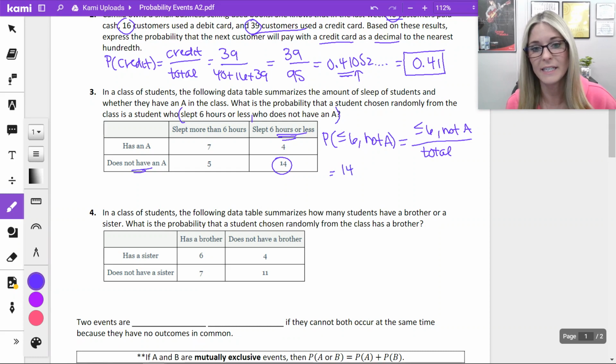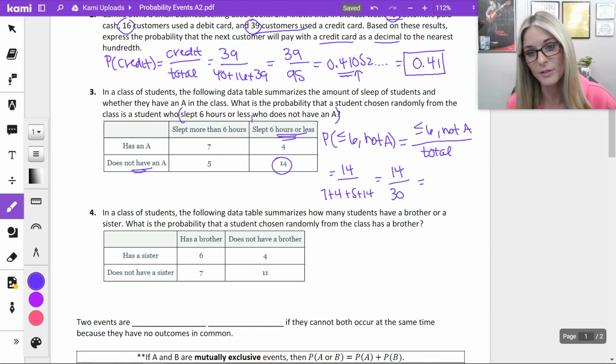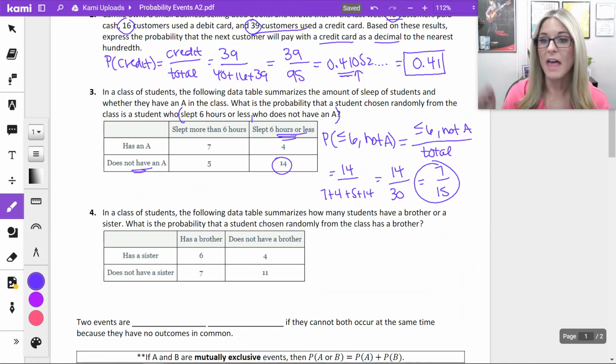So we already saw the 14 over, I'm going to just notate for our notes here, we're going to add up the 7, the 4, the 5, and the 14 for our total number of students. So we'll have 14 over 30 is the total number of students there. And when I simplify that fraction, 7 over 15 represents the probability that a student randomly chosen from the class slept 6 or less hours and does not have an A in the class. Let's try again on number 4.